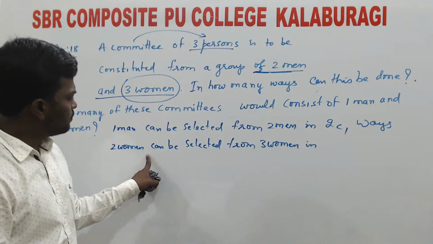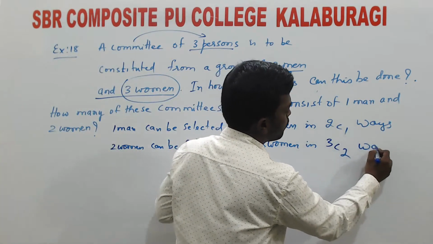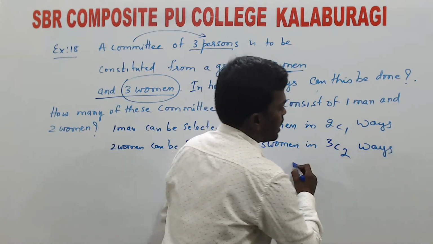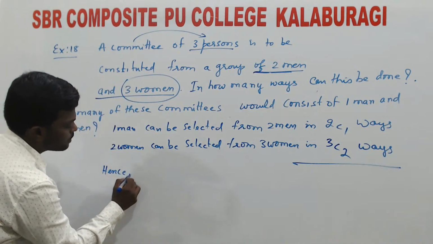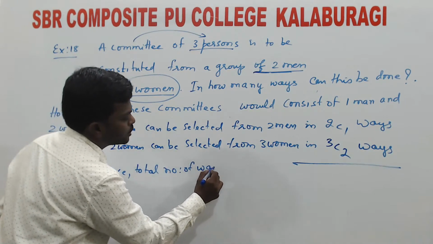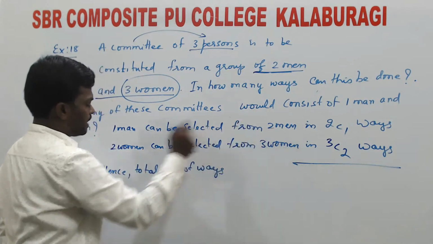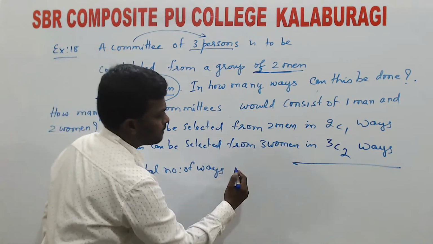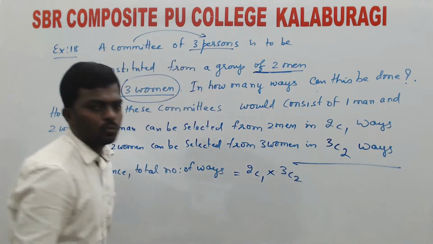So two women can be selected from three women in 3C2 ways. Now the event is over. Hence the total number of ways in which you can pick one man out of two men and two women out of three women is 2C1 into 3C2 ways.